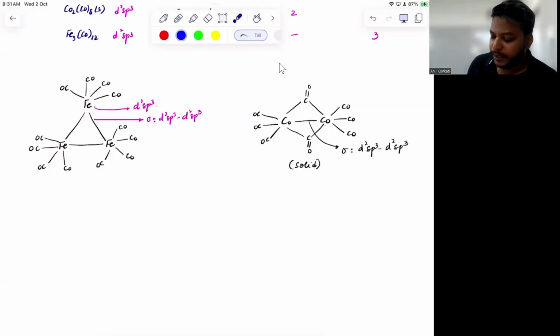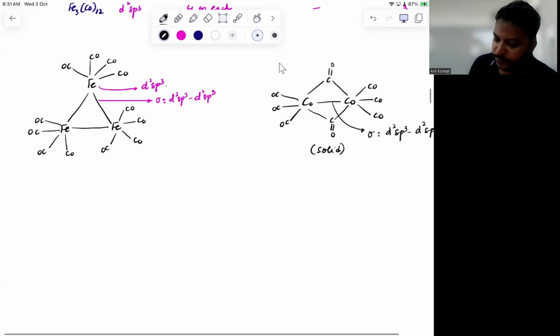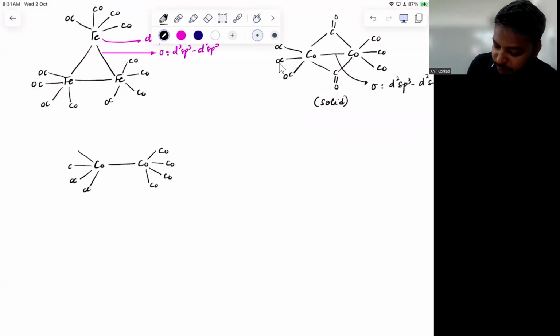Okay. But in liquid state, it will have only one connection here. So that is the Co-Co metal connection. And then the rest of the four bonds would be outward like this, which are terminal carbonyl compounds.